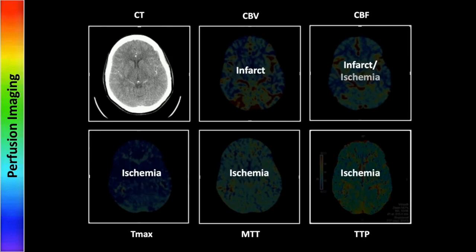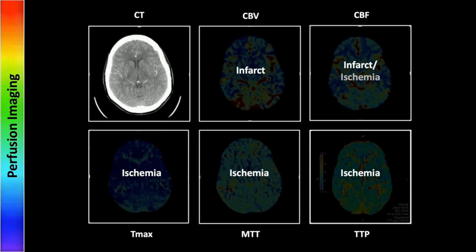So what are they good for? Again, the CBV and the CBF are the best for infarct. The CBV is actually the best for visual assessment of an infarct, while the CBF is typically what is used for automated calculations based on this data through the analytic software that we'll be discussing.